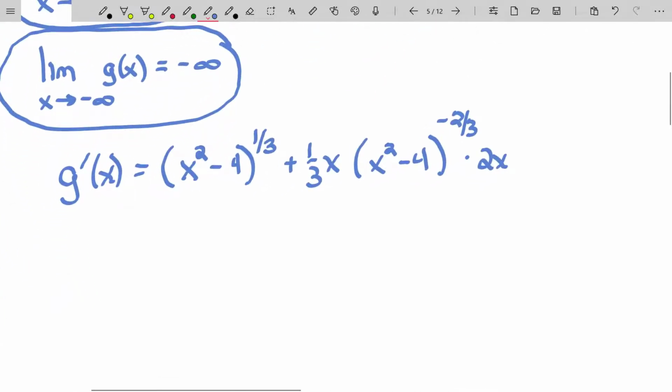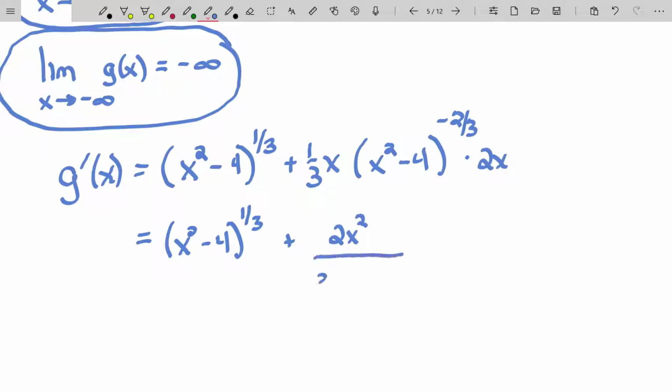Well, in this case, it's better, I think, to combine this up into a single statement. So I'm going to go ahead and glue these together. Although I can easily see where this will not exist, it still will be helpful to combine things up into a single statement. So if you can imagine, this is x squared minus 4 to the 1/3. So all your algebra comes into play here. Plus, let's see, we have 2x squared over 3 x squared minus 4 to the 2/3 power.